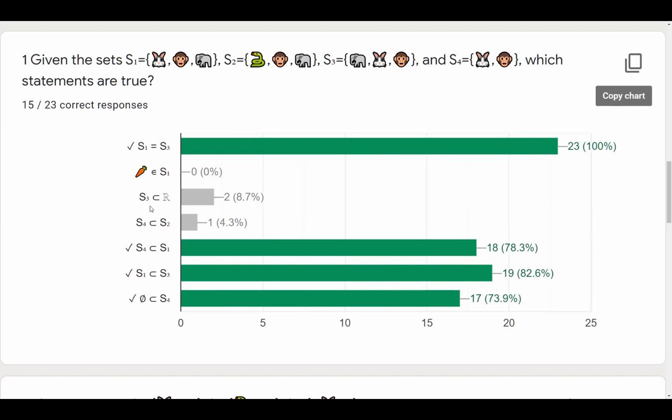Is S3 included in the reals? Two people said yes. Can somebody tell me what they were thinking when they said that? Is an elephant a real number? If it's a variable, then yes, but I haven't specified it.